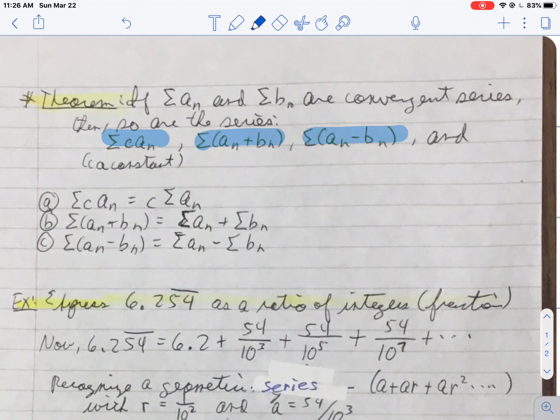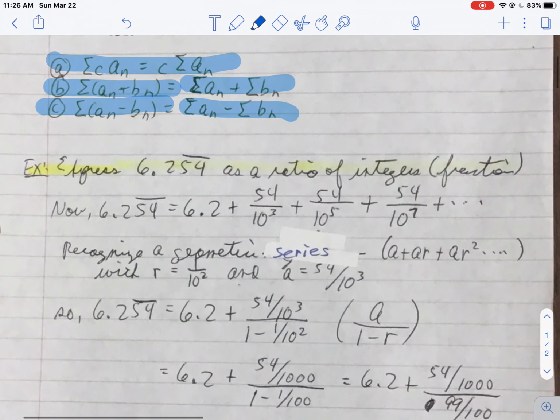And we can calculate the sum of the series: the sum of the constant times the series is equal to the constant times the sum. The sum of a sum is equal to the sum of the sums. Let's say that three times fast. And then the sum of a difference is equal to the difference of the sums. Nothing real fancy there. That's pretty straightforward, I think.